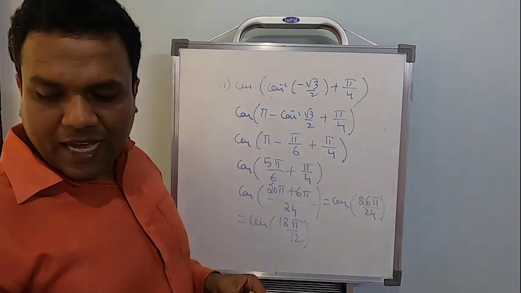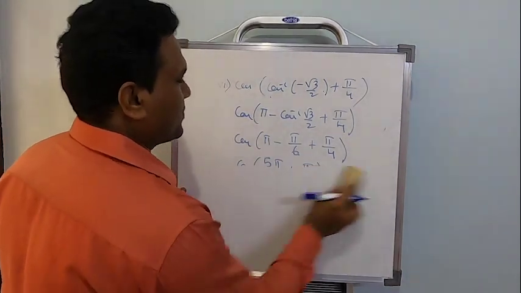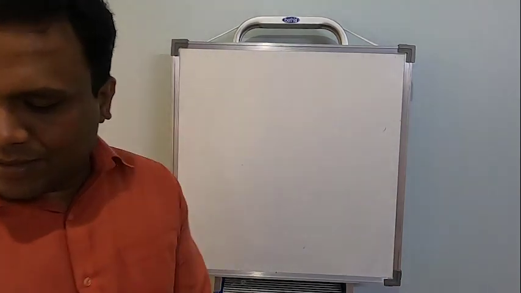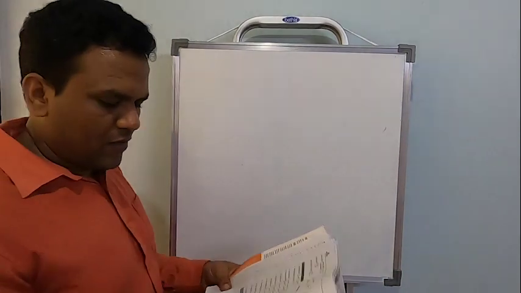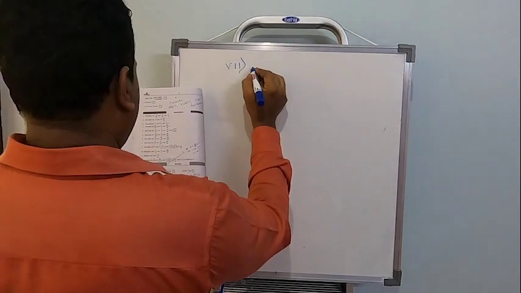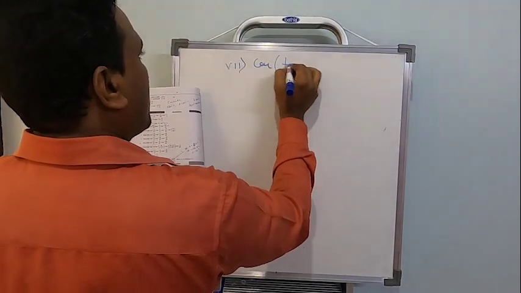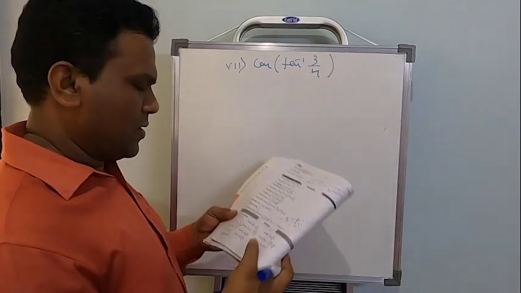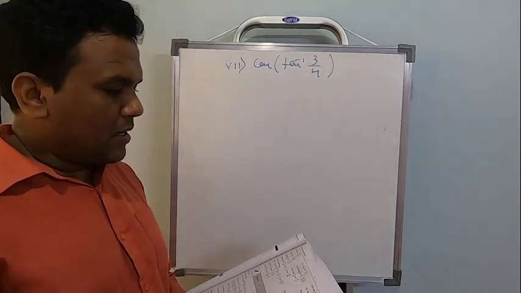Cos of tan inverse 3 by 4. Problem number 6 we have finished, right? So let's go to problem number 7, which is given by cos of tan inverse 3 by 4.